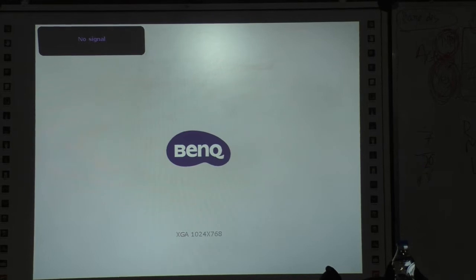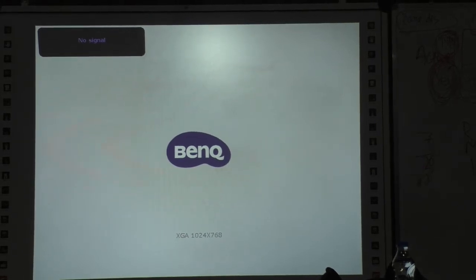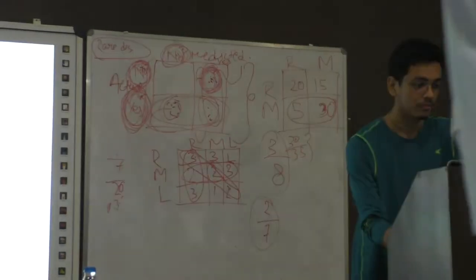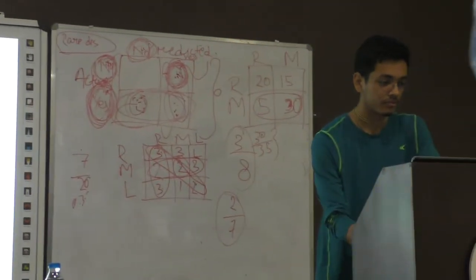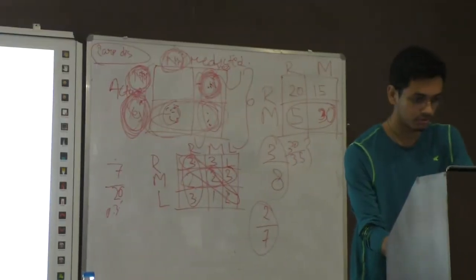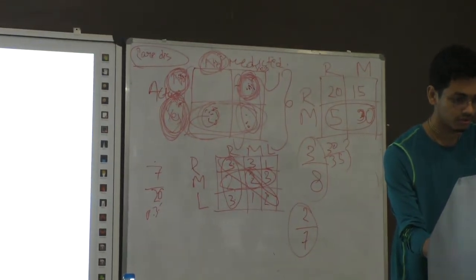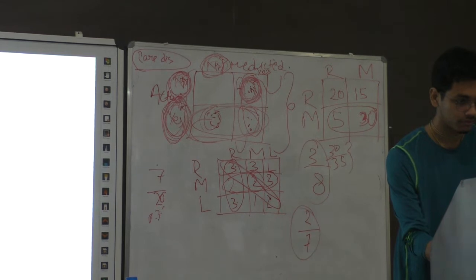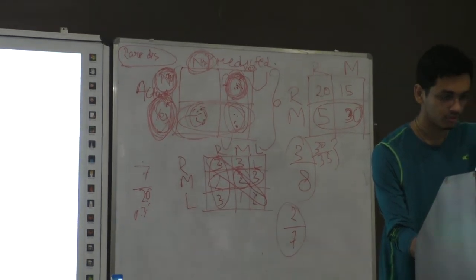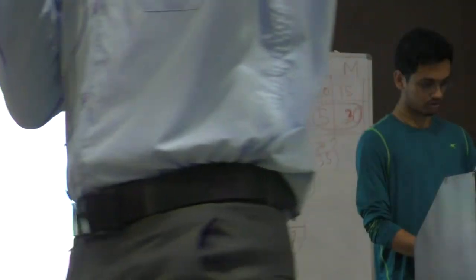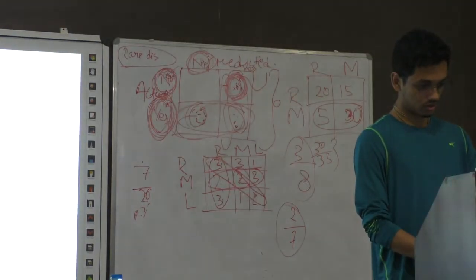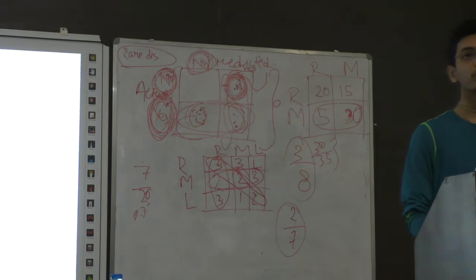If I call any one of you to the blackboard, I'll give a short question so you can solve. Yes, please be clear. Please raise your hand, I'll explain in 5 minutes. Do you want or not? How many of you want?